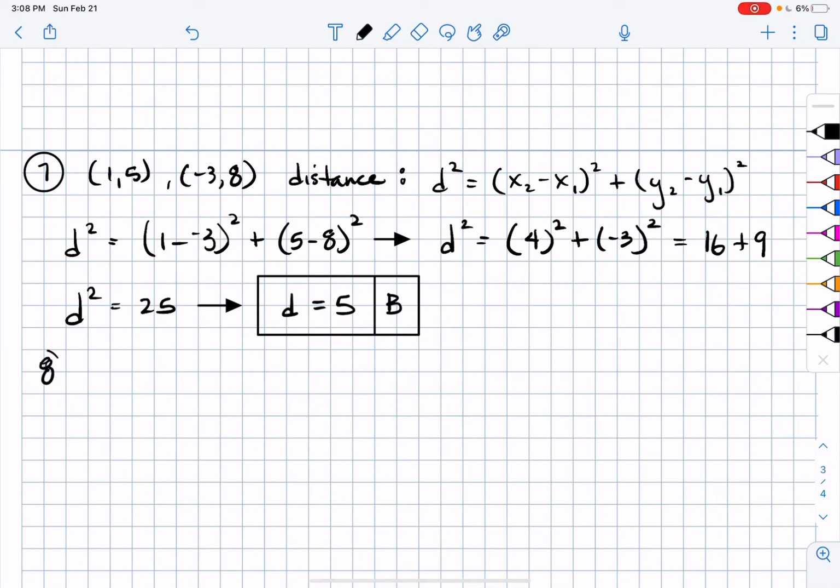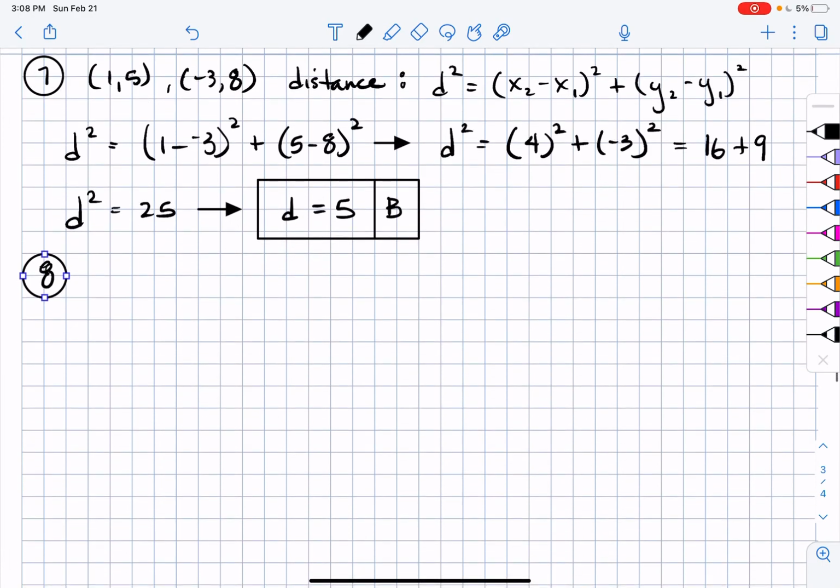8. All right, with 5% battery left. 8. So it gives me x squared plus y squared minus 2x minus 12y plus 28 is equal to 0.